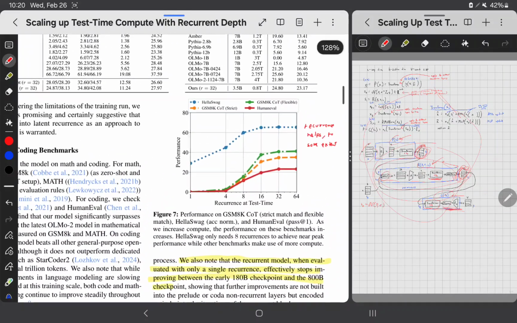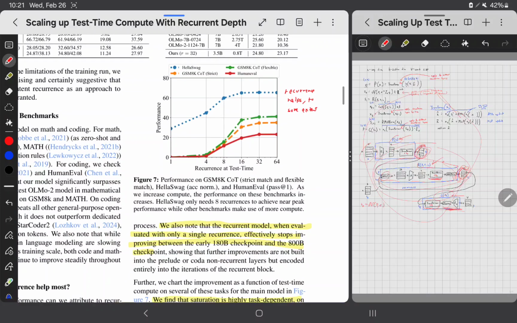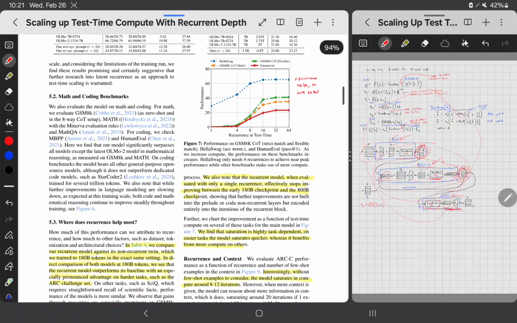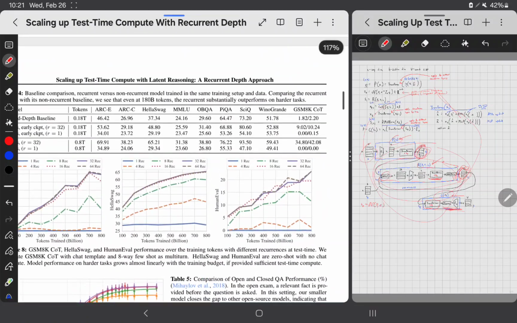They show here again that recurrence does matter. So recurrence at test time, how many recurrence operations you do, and performance. They show that it does better as you increase the number of recurrence operations. And here again, they show recurrence actually does matter.